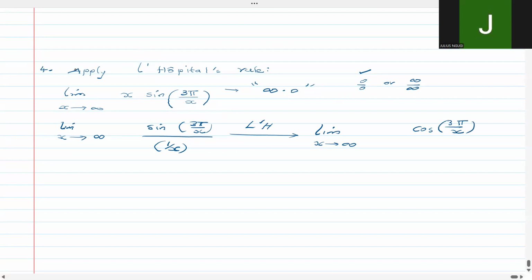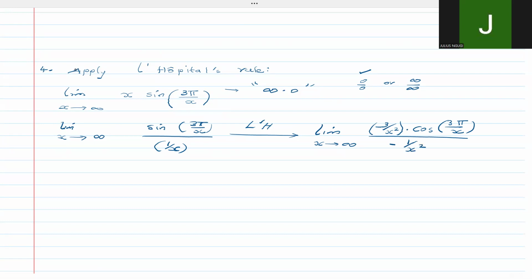Then don't forget to multiply by the derivative of the argument, which becomes minus 3 over x squared. That's a chain rule. Let me use parentheses. Then you divide that by the derivative of the denominator, which is minus 1 over x squared.